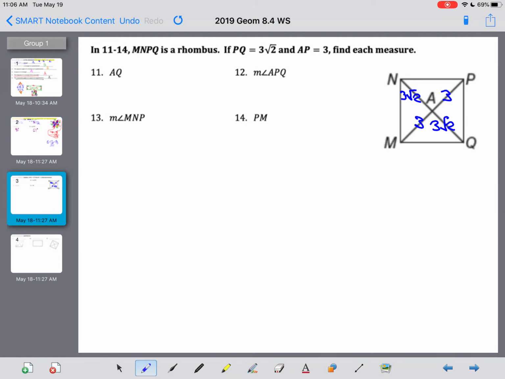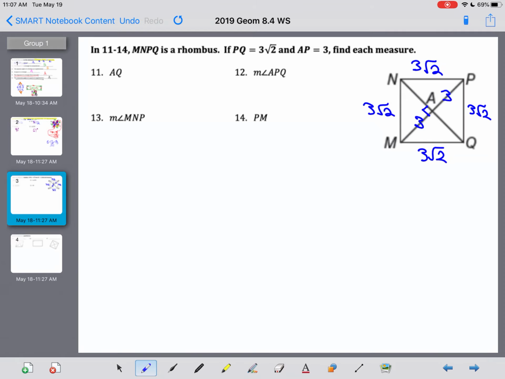Okay, so we have PQ, so we have 3 there, 3 root 2 here. So if that's 3 root 2, this is 3 root 2, 3 root 2, 3 root 2. If it's a rhombus, these are all right angles.